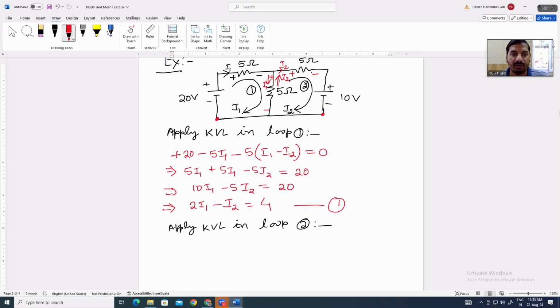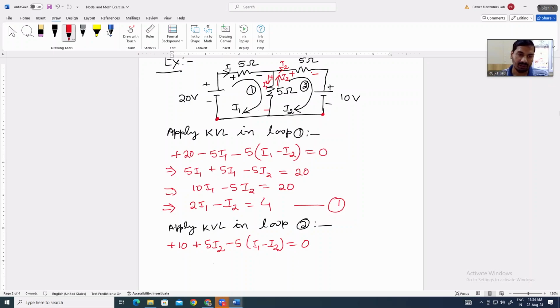In the first loop we started from here, in the second loop we are starting from here. Okay, initially we will get negative then positive, so it will be plus 10, then we are getting negative then positive, plus 5I2, then plus minus 5 into I1 minus I2, that is the same as per the previous equation. Is this clear?